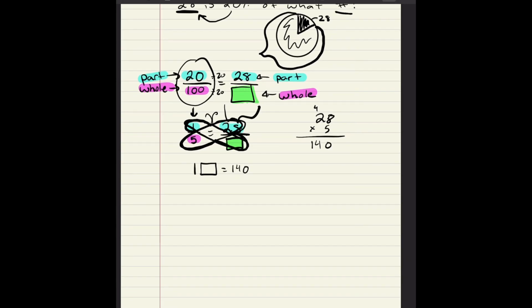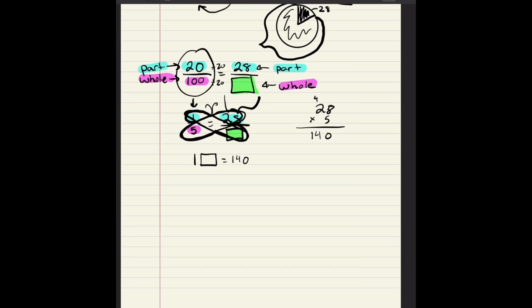So now I have 1 and the unknown, and 140. These two are being multiplied because they can't be combined. We can't combine 1 and an unknown number, but we have to get rid of this 1 to get our unknown number by itself.